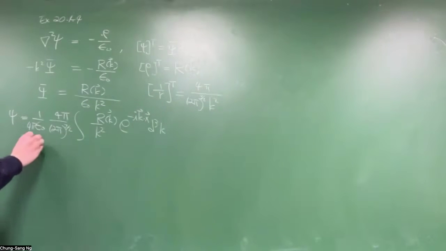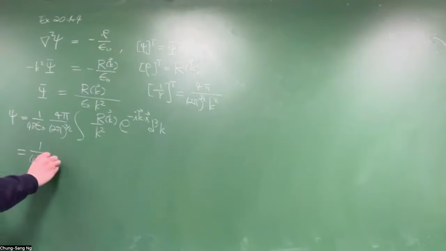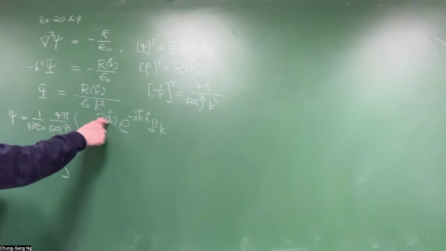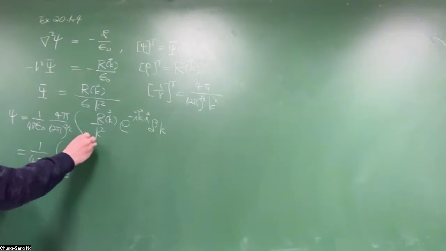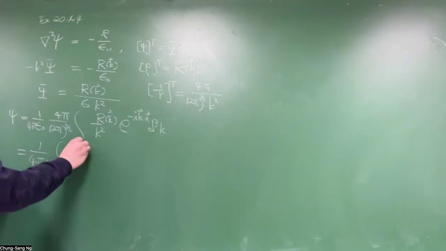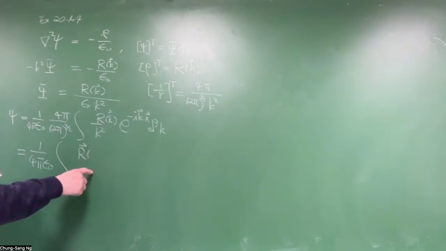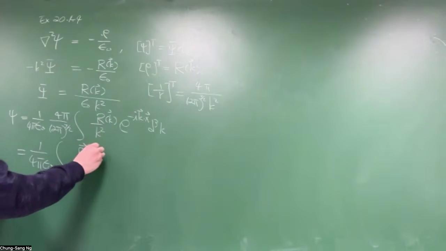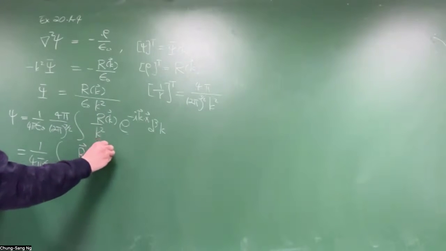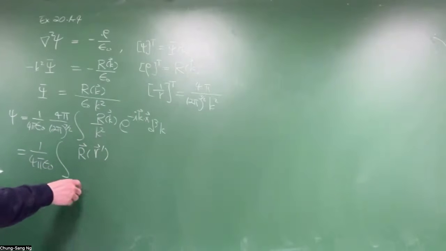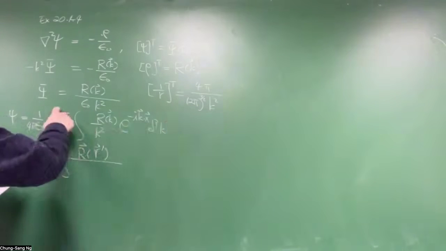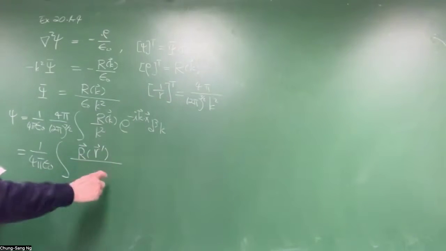Now we do the convolution, right? And now we keep this as R, the integration variable, which we call R prime. And now 1 over R is the distance.